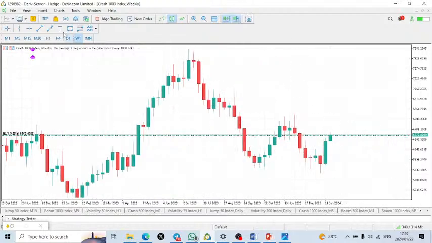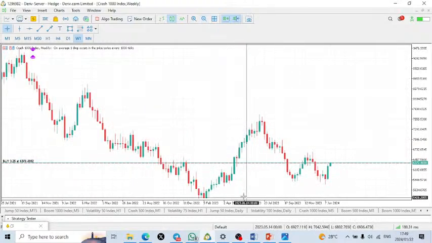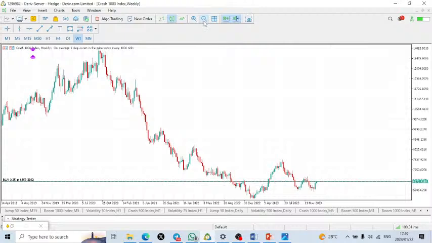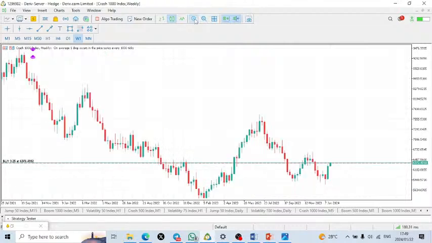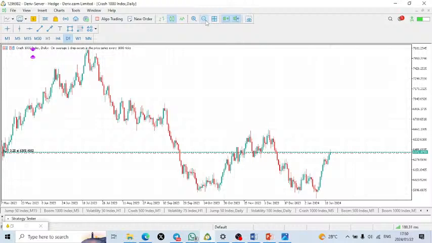What I can also see on the weekly is a very big weekly candle here. Price has just been moving up.